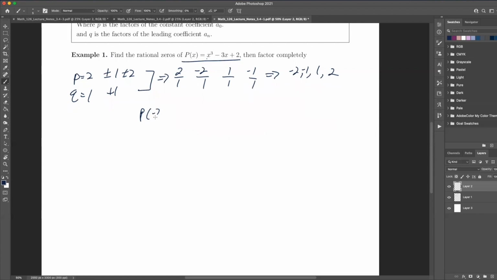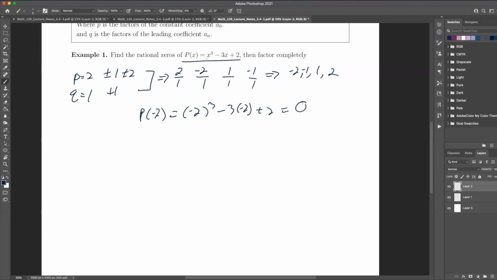So let's plug in negative 2 and see if it's a 0. So negative 2 cubed minus 3 times negative 2 plus 2. Everywhere I see an x, I'm just going to plug in negative 2. So this becomes negative 8 plus 6 plus 2, so that's 0.